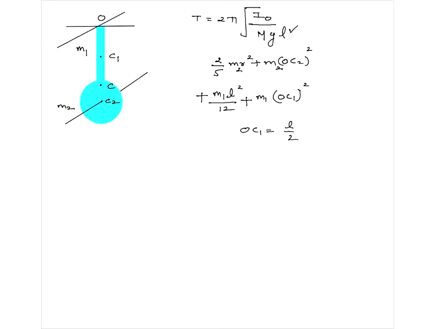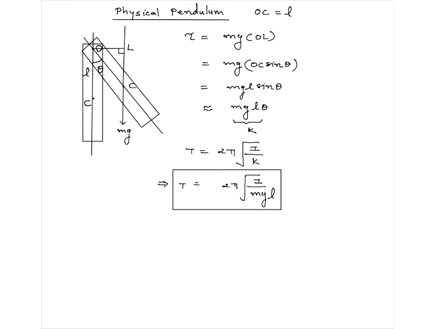Now, coming to that question. Are we not finding moment of inertia about C? The question is, I think, about C. Let's go back to the derivation. We found torque, mg times OL, and OL was OC sin theta.